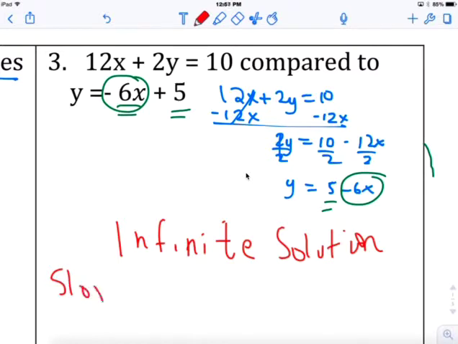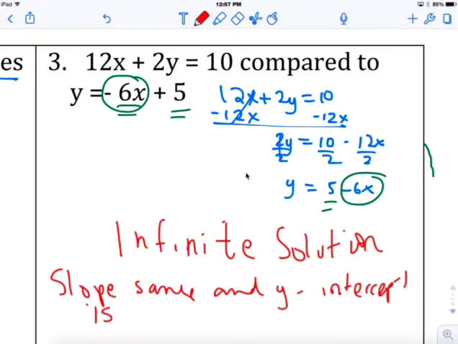Slope's the same. And y-intercept is the same. Okay?